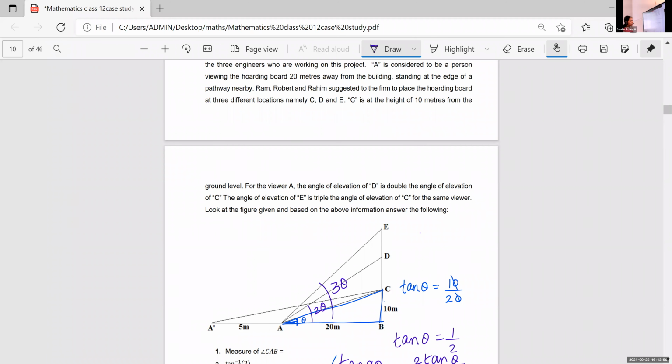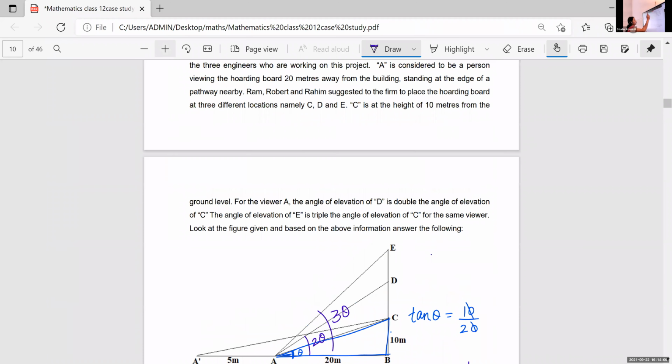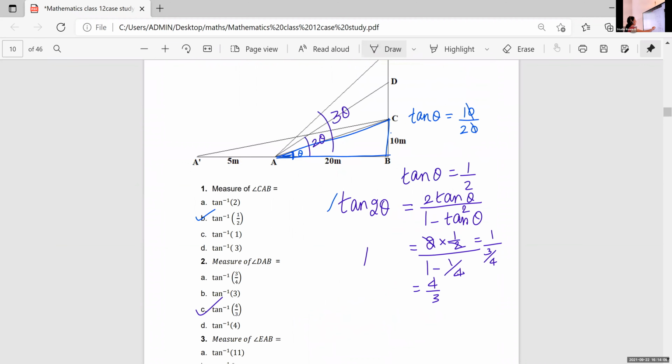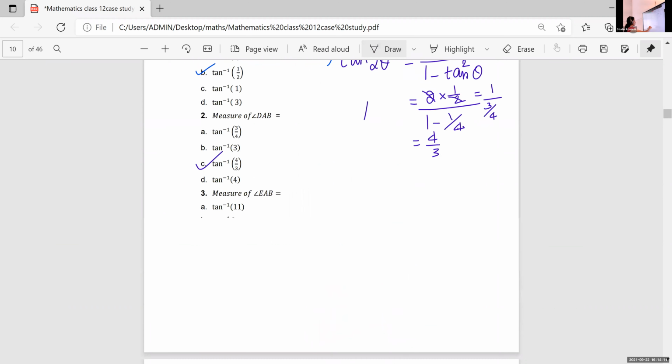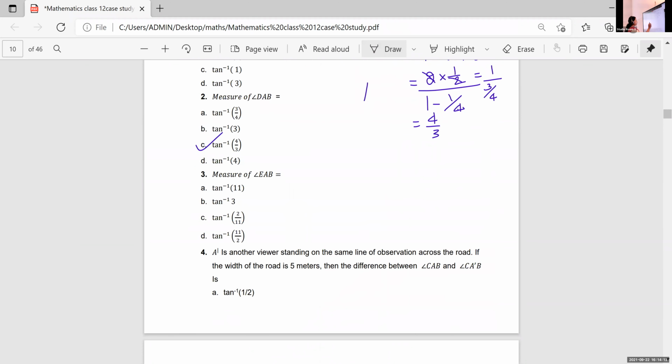So we have to use the multiple angles formula for 3 theta. What is the measure of angle EAB? So you have to find out tan 3 theta. We know tan theta. What is the formula we have learned?